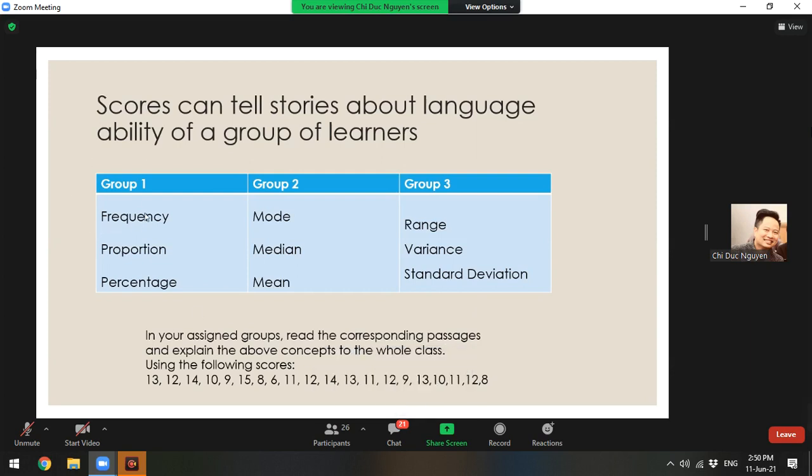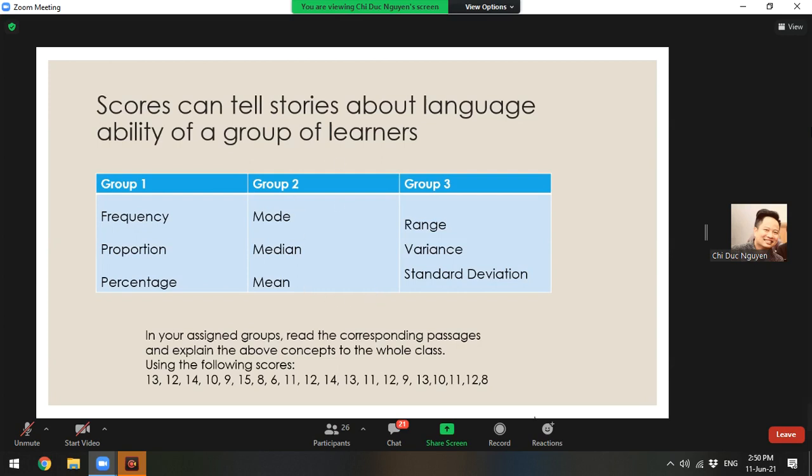If you look at the frequency, proportion and percentage over here, what conclusion can we make? Why do we need these indices?